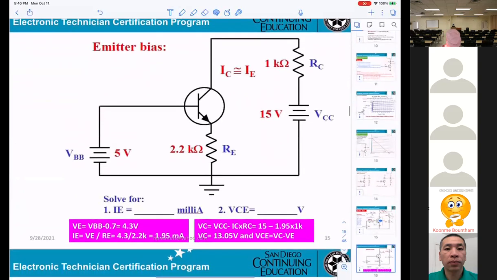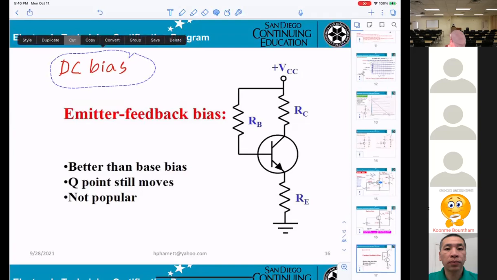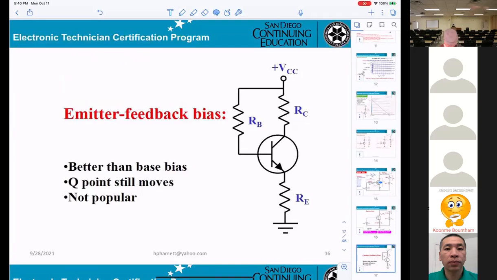Designers don't use it. It also shows you a different way to bias the transistor, what they call emitter feedback bias. This is better than base bias, but the Q point still moves, which is what they don't want, so it's not popular.